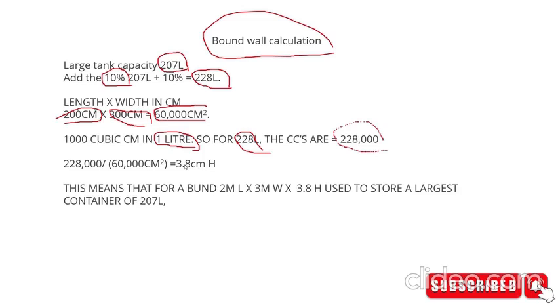So the answer is 3.8 centimeters height is required for the bund wall.